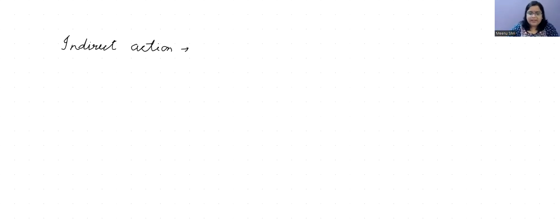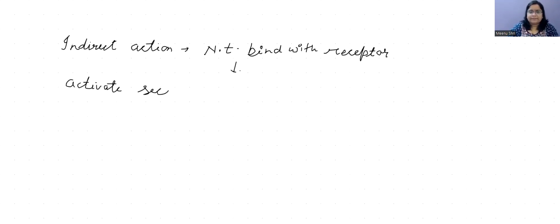So in the indirect action, the neurotransmitter binds with the receptor, and after binding, it activates second messengers like G protein and cyclic GMP.